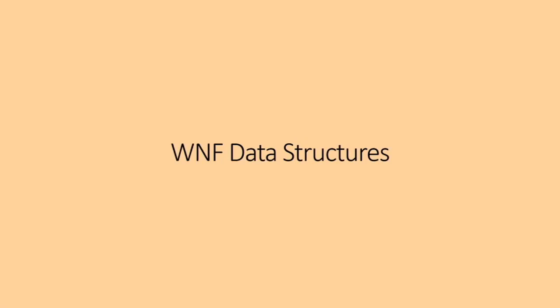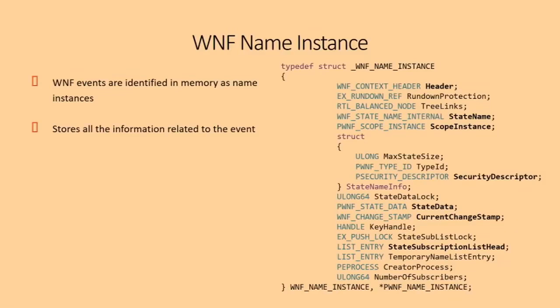So now you have basically a good understanding of the WNF mechanism. So let's dive into the structures. A WNF event is identified in memory as a name instance. These structures basically hold all the information related to the event. For example, you can find the state name, the scope in which the event occurs, the security descriptor, and so on.